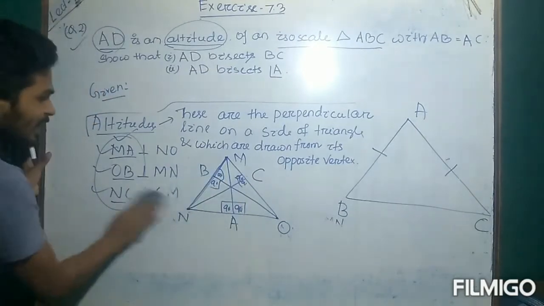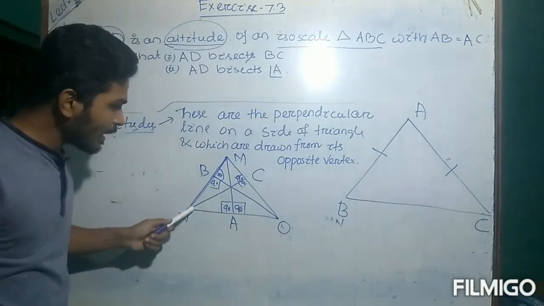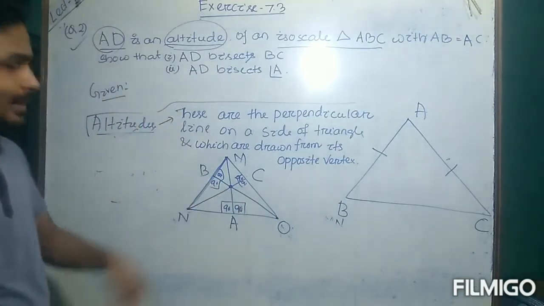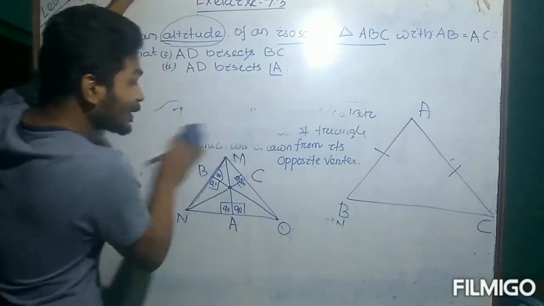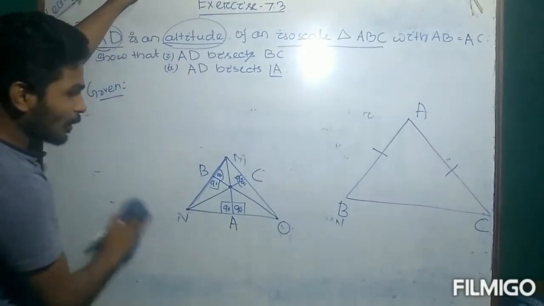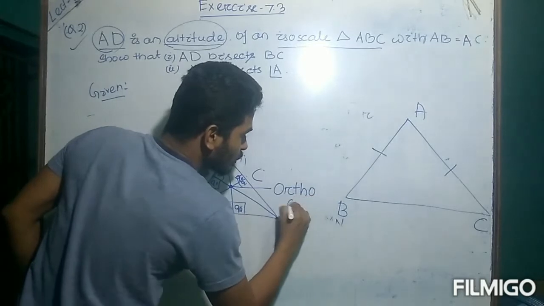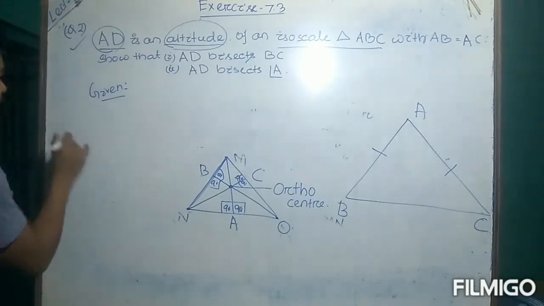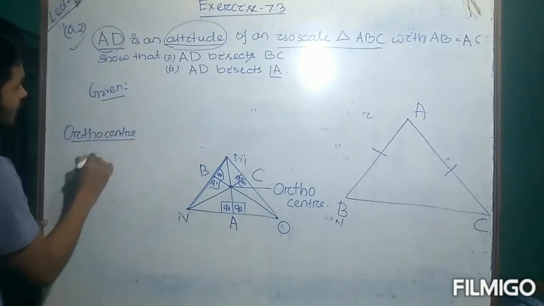Next, now look carefully at this figure. What can you see? The 3 altitudes MA, NC and OB intersect each other at a common point. Did you see this? All the 3 altitudes intersect each other at a common point. What is the name of that point? The name of that common point is orthocenter, O-R-T-H-O, orthocenter. So let us write its definition. What is an orthocenter?